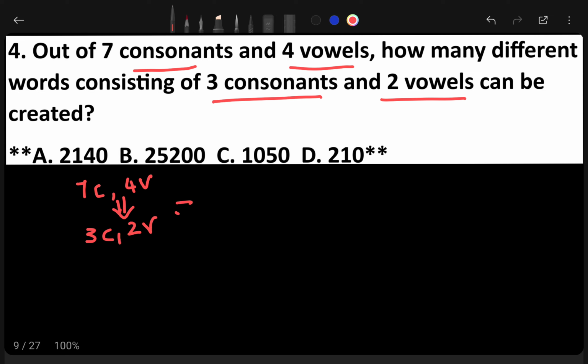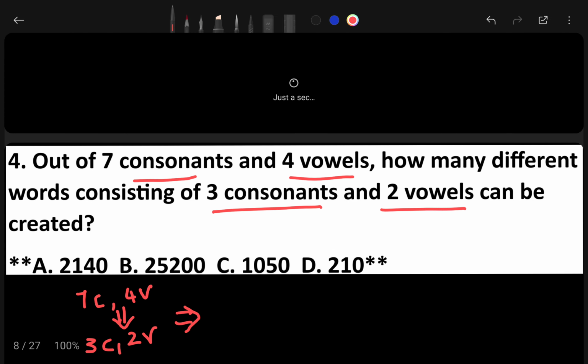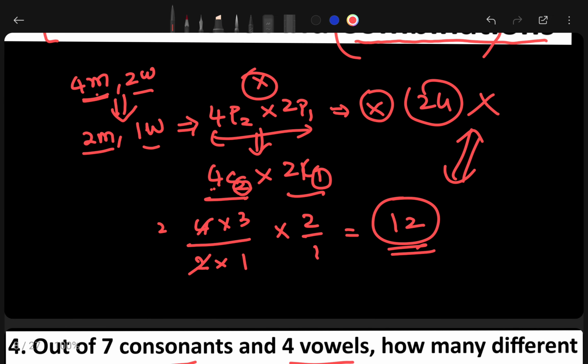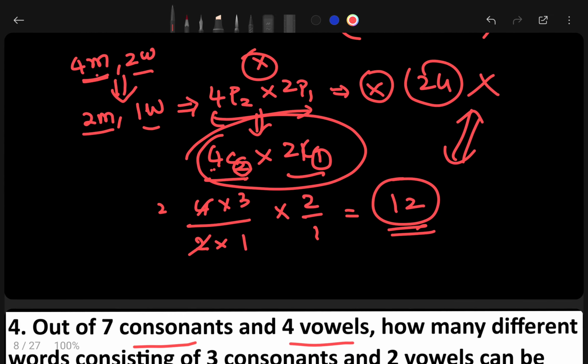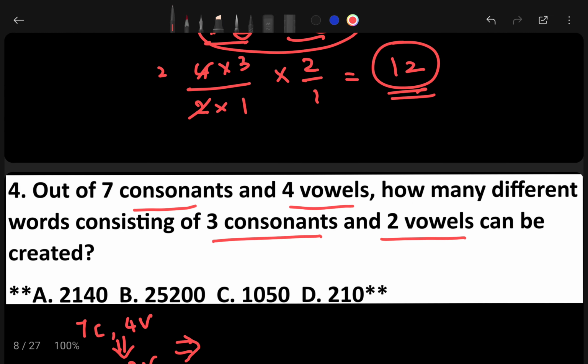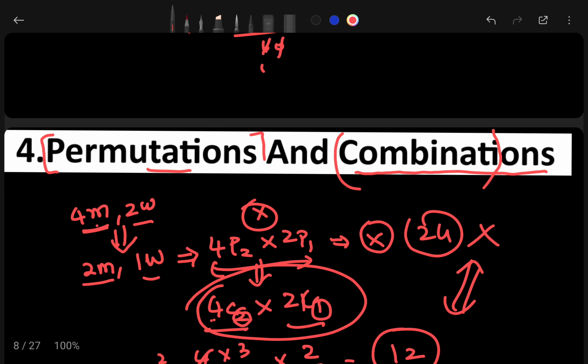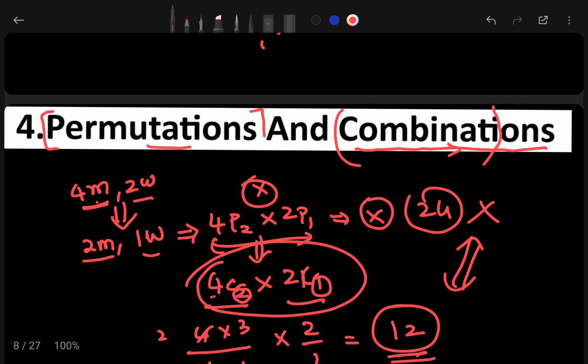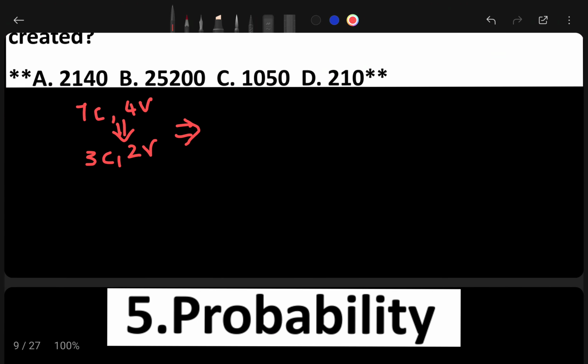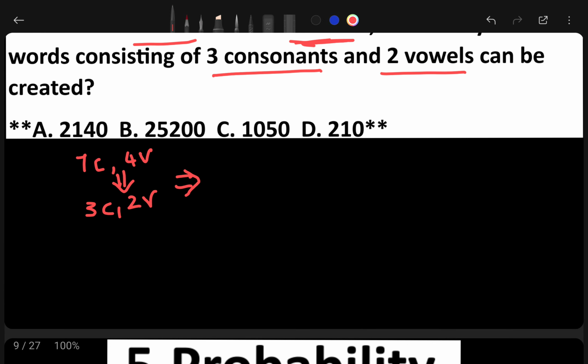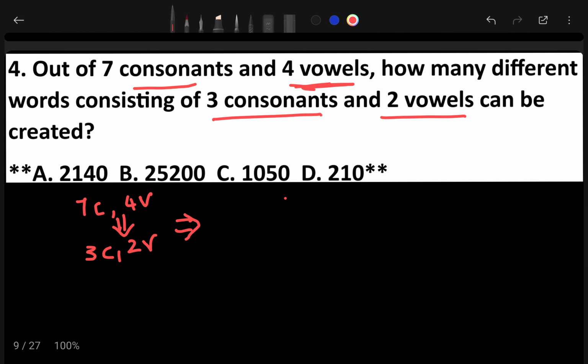Some might say, sir, this is similar to the previous problem, I can just do C's. But here there are letters, right? For letters we generally use permutation, but here it is selection, where we use combination. So here the main doubt is, should we use permutations or combinations? This is a tricky question.